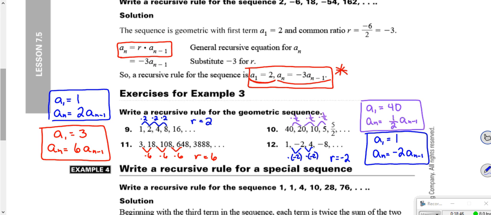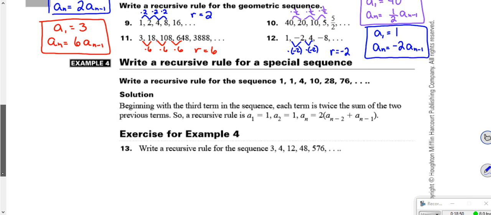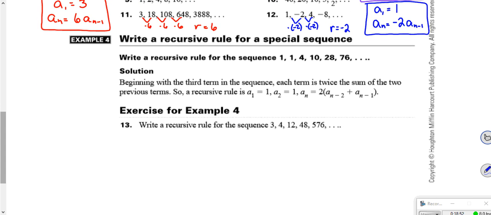Now, last example, an exercise, is kind of a special case. There are times when our sequence will depend not only on the preceding term, but also on maybe 2 of the preceding terms, like the first preceding term, the one right behind it, and 2 behind it.